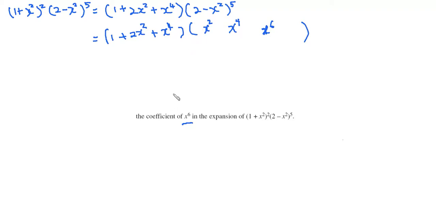So the coefficient of x to the power 6 actually is the combination of 1 times x to the power 6, whatever the coefficient. Okay, so there's the first x^6 term, then you got 2x^2 times the x^4 term, that also generates the second x to the power 6 term.